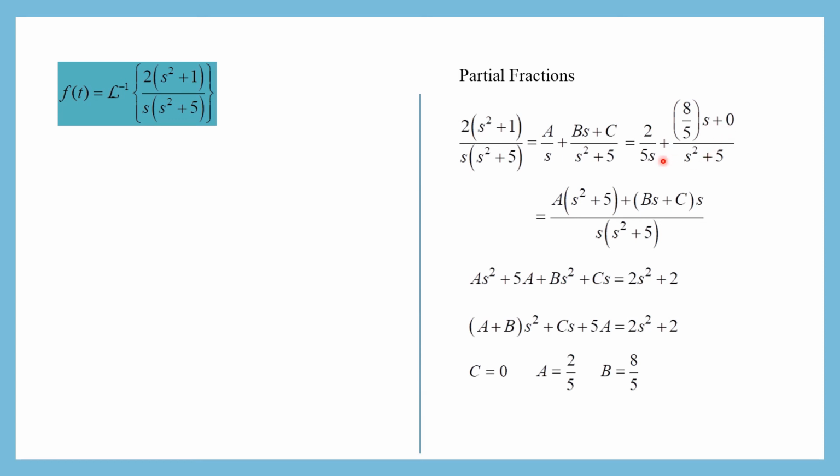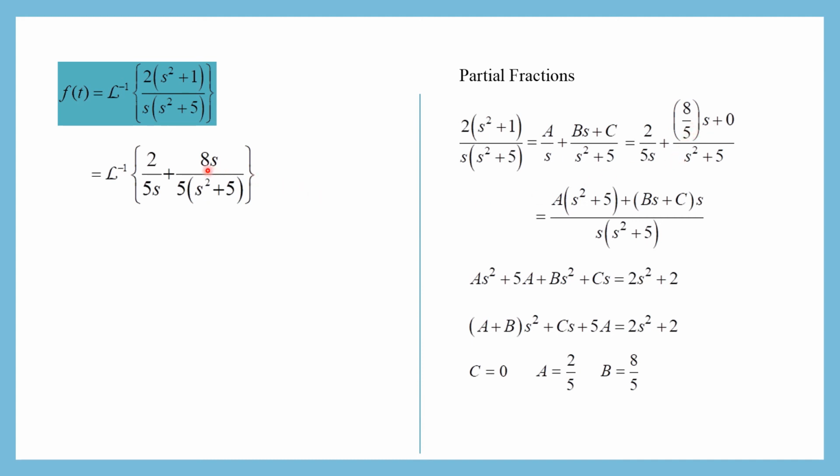Let us transfer the result back into this problem of finding the inverse Laplace transform. So we write f of t is equal to the inverse Laplace transform of 2 over 5s. Okay, and 8 over 5 times s, we can put 8 at the numerator and 5 at the denominator.